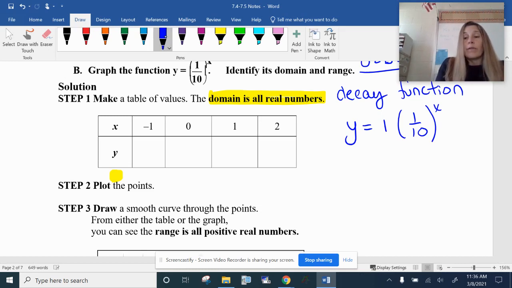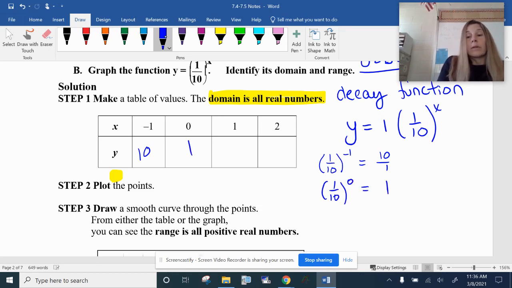Okay, so if I first plug in my -1, that would flip this fraction, giving me a 10. If I raise my 1/10 to 0, that would just make it a 1. If I raise my 1/10 to 1, that's just going to keep it the same, 1 over 10.